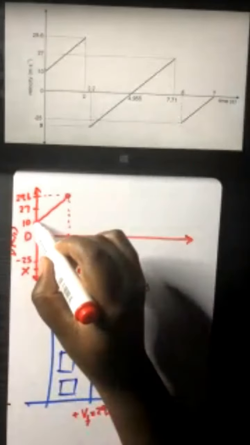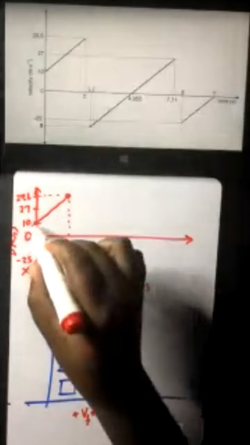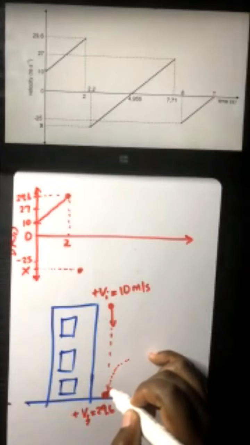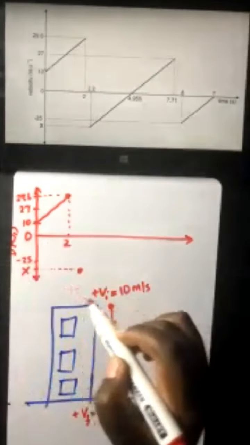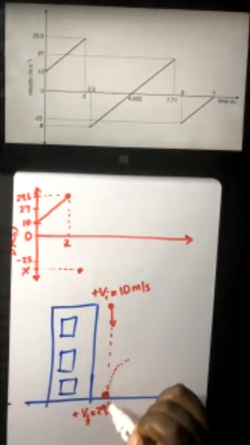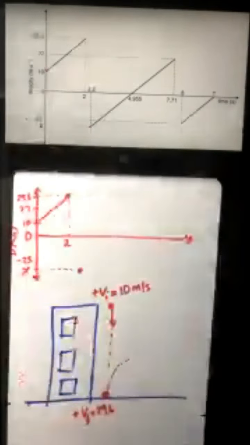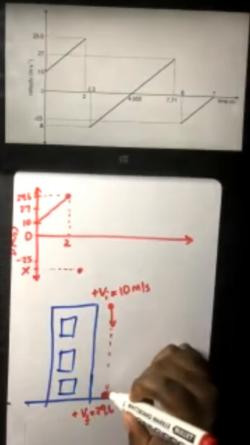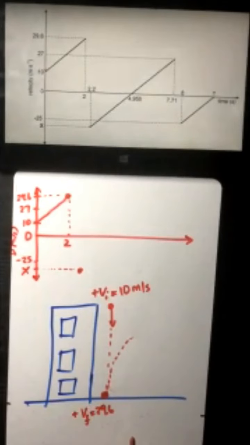So the graph started on the positive side. Obviously, this is where it was thrown vertically downwards. So that means everything on the negative side represents the motion of the object as it goes up, or it's moving upwards. So that means this object now bounces at a certain velocity.